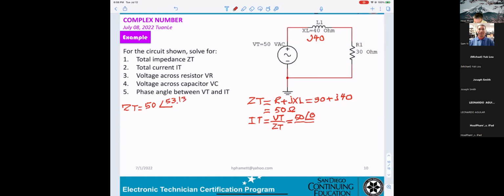Okay, so dividing by 50 angle 53.13, what do you get? 1 amp, at minus 53.13.